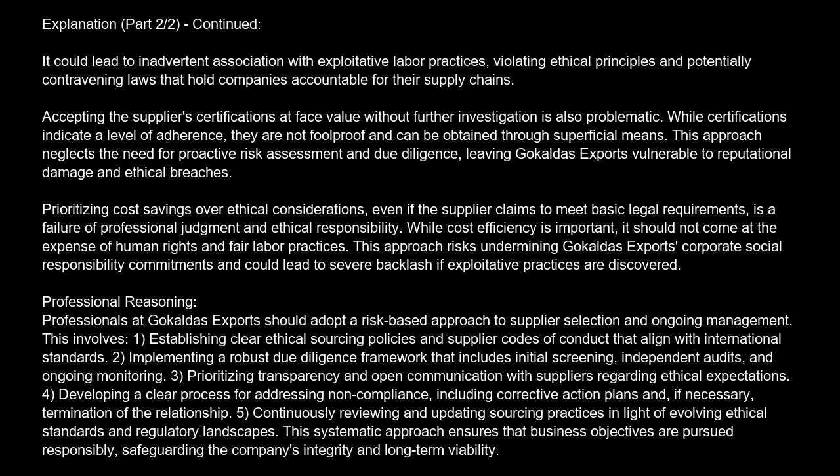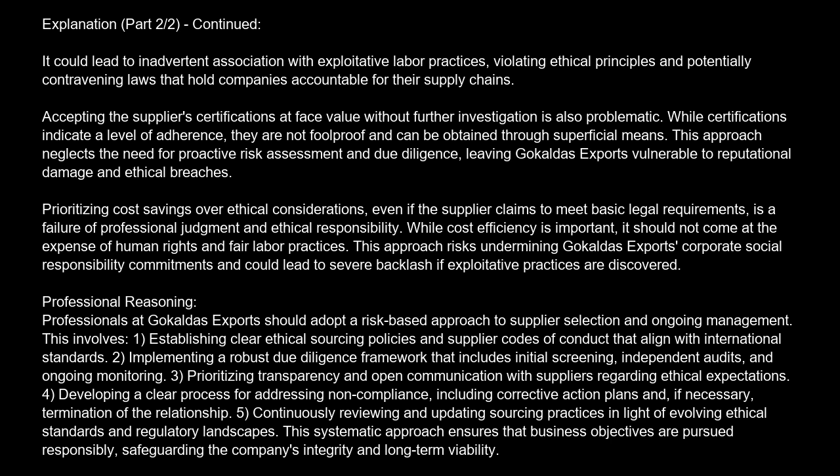Prioritizing transparency and open communication with suppliers regarding ethical expectations. 4. Developing a clear process for addressing noncompliance, including corrective action plans, and if necessary, termination of the relationship.